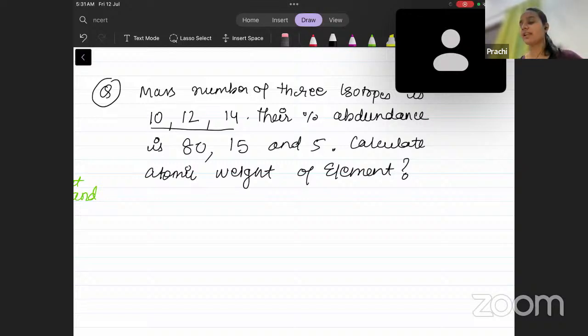Now you have to be very quick with your calculations. Also in exam, you're not supposed to use the calculator. So calculate it quickly and tell me your answer. From today, I want an answer from everyone.